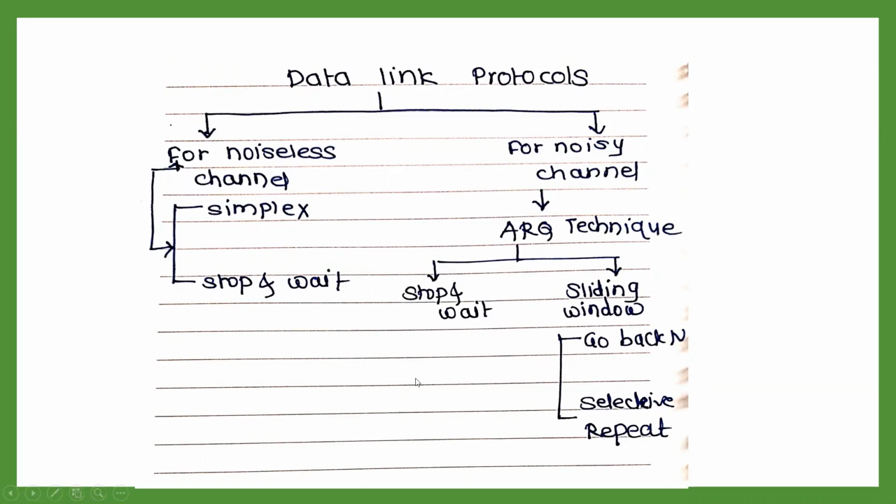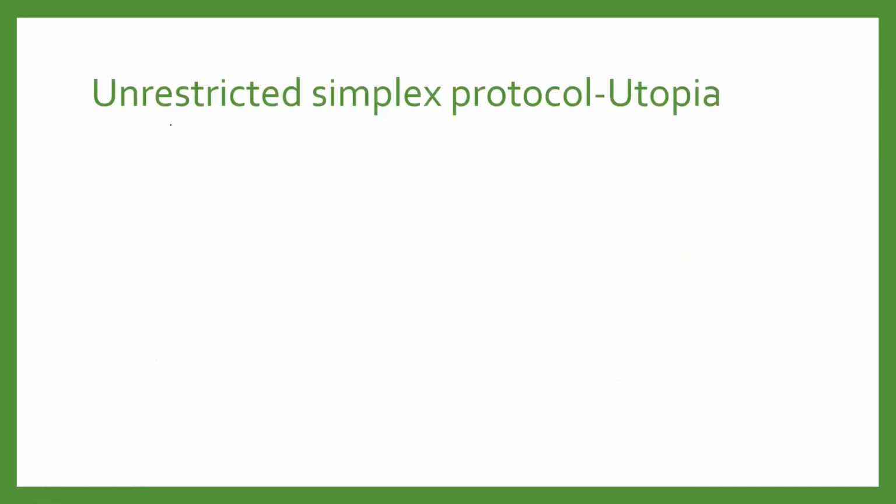One by one, we are going to talk about each protocol present in the data link layer. We will start with the first one, the unrestricted simplex protocol. Another name for this protocol is Utopia. In this protocol, we consider a protocol that is as simple as it can be.